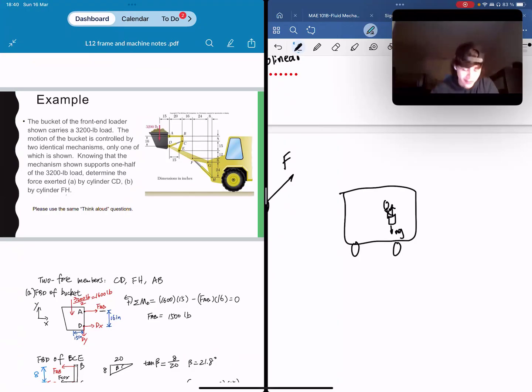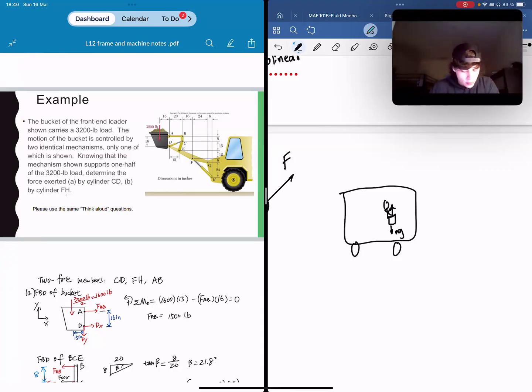I don't remember the name. It just has a bucket that picks rock, right? Those rocks are pretty heavy, so their weight will generate a moment around point A, and around any point, right? The parts of the machine have to be strong enough to support all that weight, so that it doesn't tilt to the other end, right? It doesn't rotate.